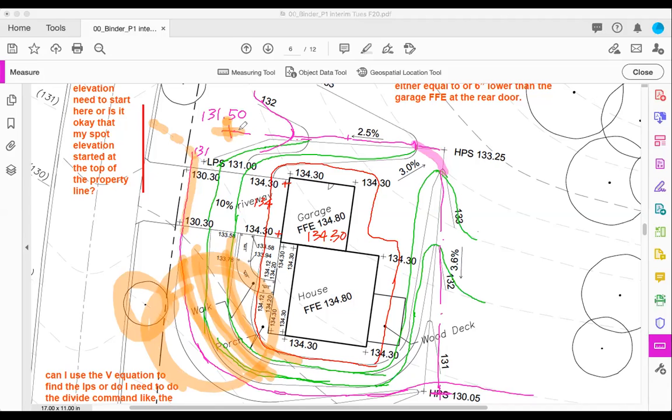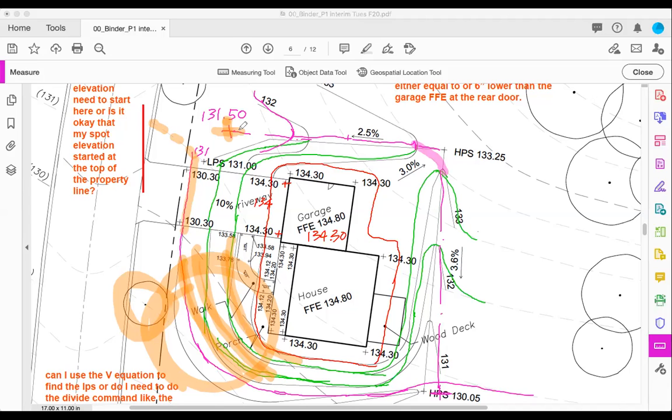Does that mean I don't have to find 131 and add that in the center lines? No, you don't have to. Your 131 is only the one that starts with the contour on your driveway. It doesn't become part of your swell. Okay, got it. Yeah. Cool. Alrighty.